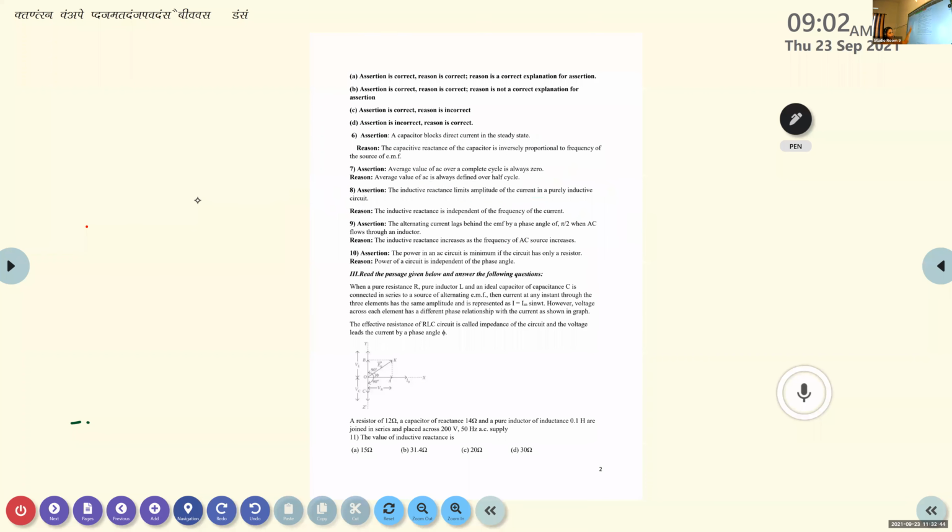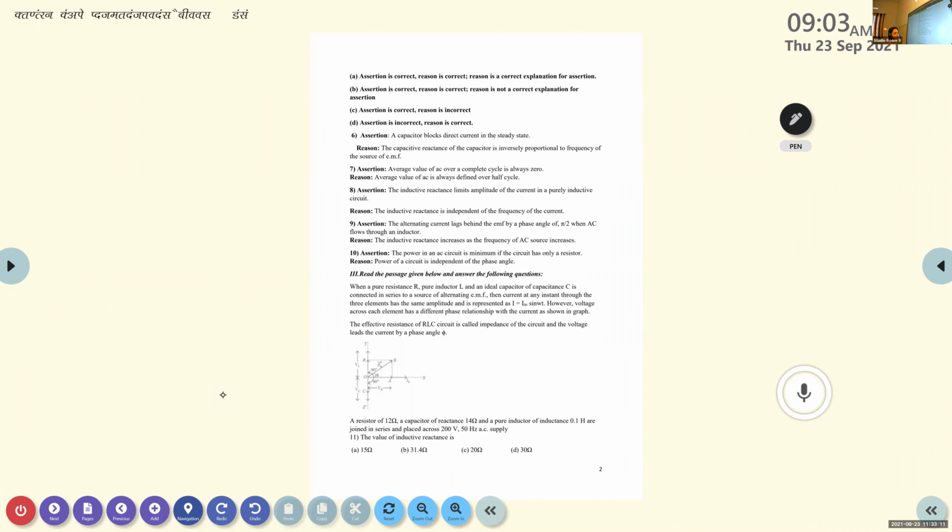Now the 9th question. The assertion is this: the alternating current lags behind the EMF by a phase angle of pi by 2 when AC flows through an inductor. And the reason is this: the inductive reactance increases as the frequency of the AC voltage source increases. What about the assertion? Here you don't need to think about anything.